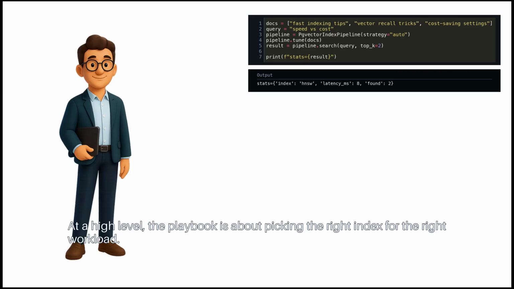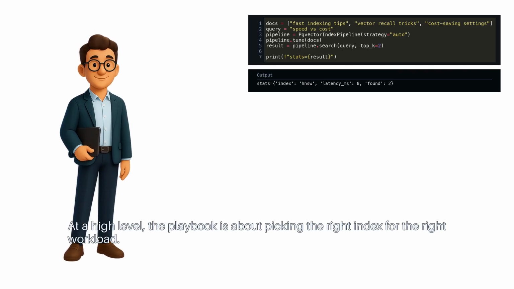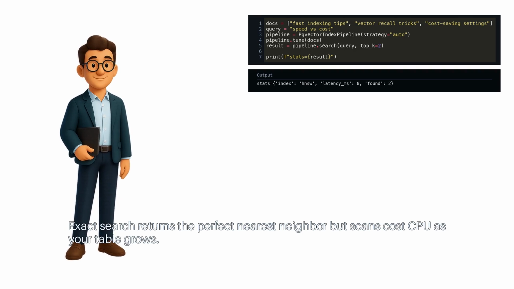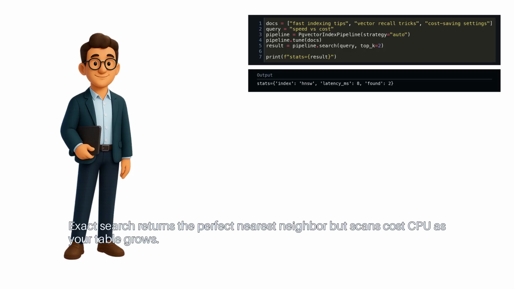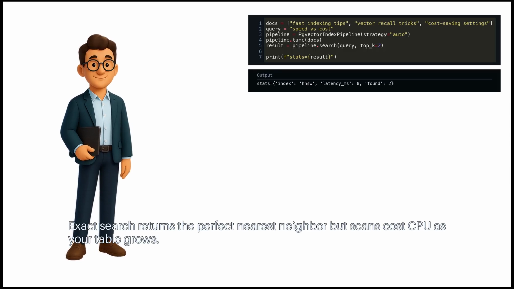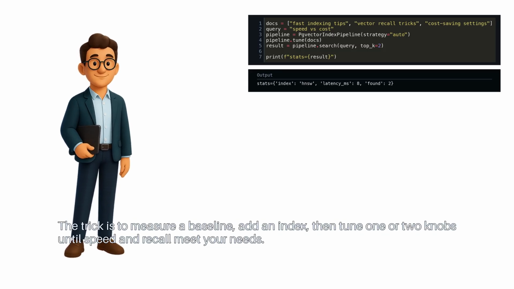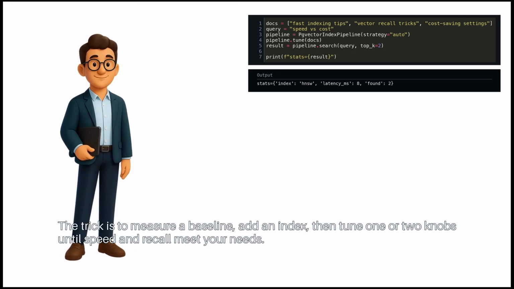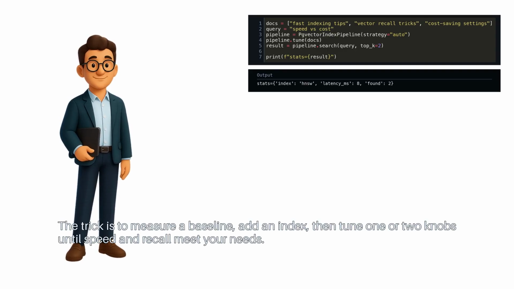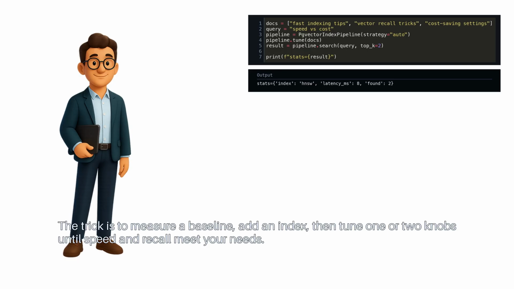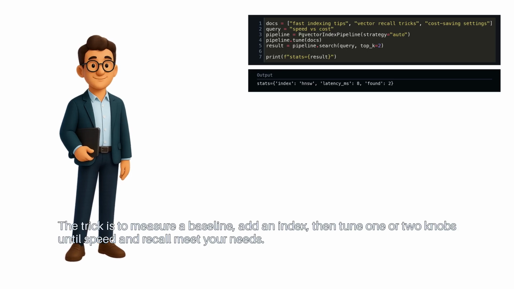At a high level, the playbook is about picking the right index for the right workload. Exact search returns the perfect nearest neighbor, but scans cost CPU as your table grows. Approximate indexes cut the work, but can miss matches unless you tune how thorough they are. The trick is to measure a baseline, add an index, then tune one or two knobs until speed and recall meet your needs.